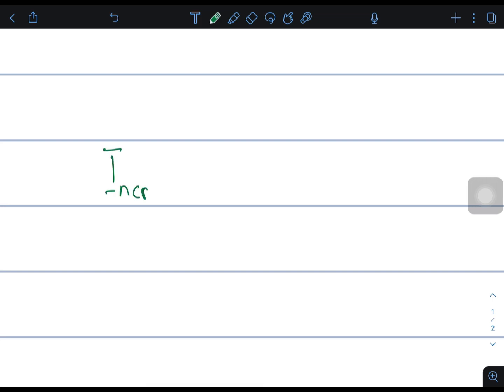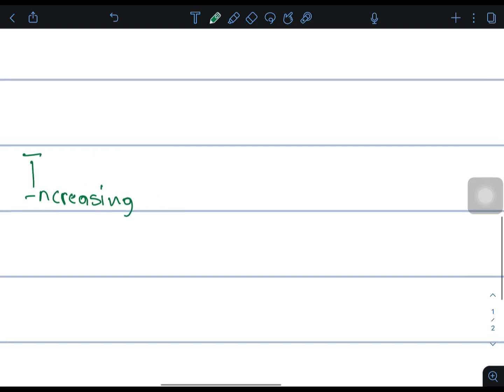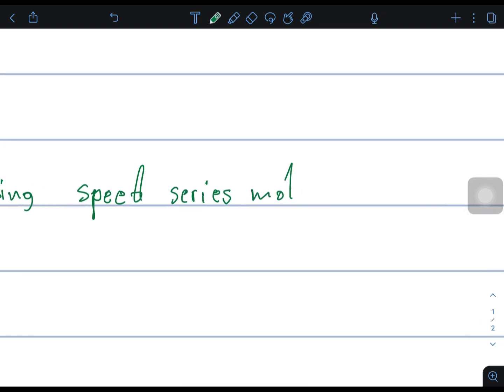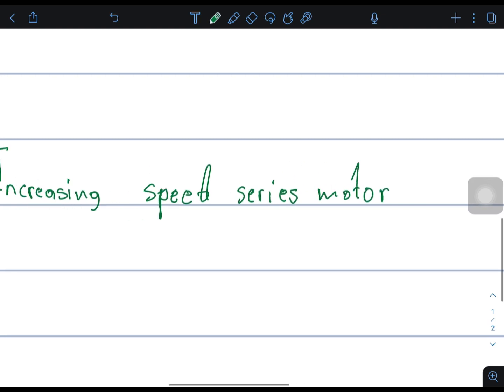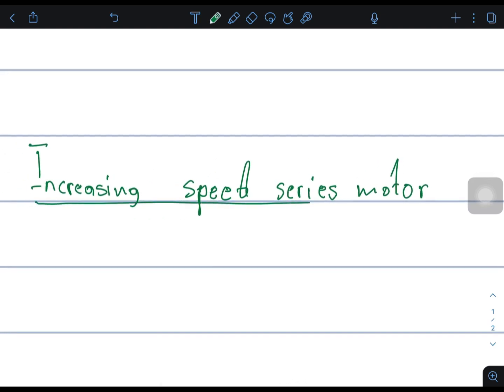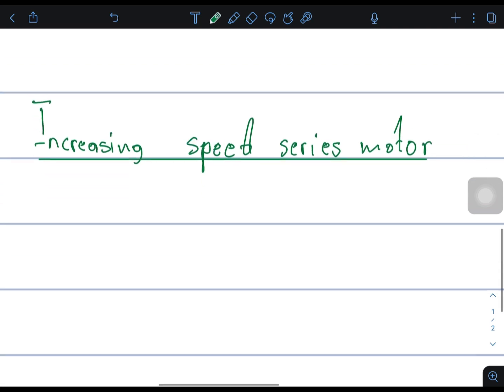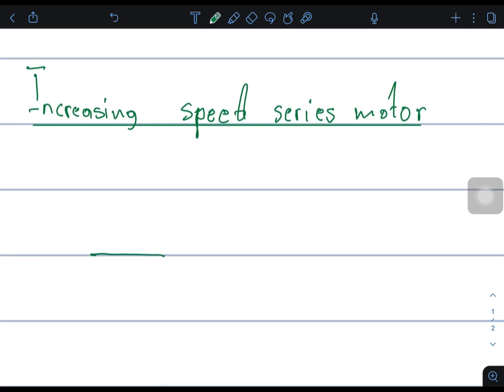A circuit for increasing the speed of a series motor.